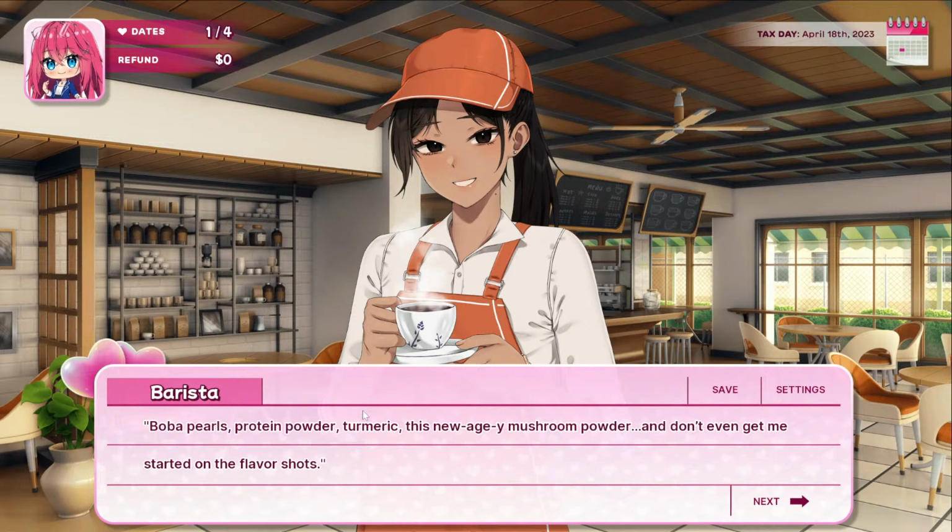You even sell protein powder in a friggin' cafe. Turmeric, this new mushroom powder. I didn't even get started on the flavor shots. Like 2,200 calories. Does that lady only drink that and not actually eat any food?